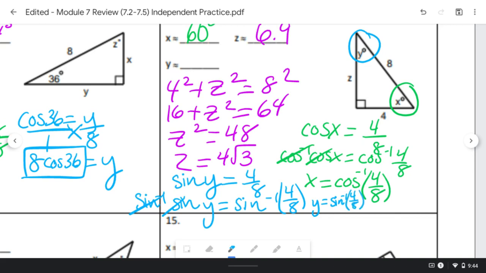If you plug that into your calculator, sine -1 of 4 over 8, you are going to get about 30 degrees, which makes sense because x and y are complementary. So it would equal 90 degrees together.